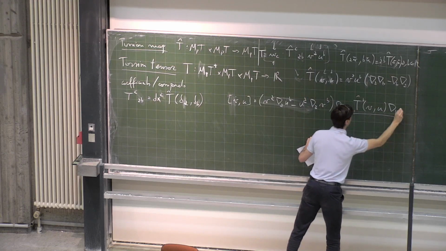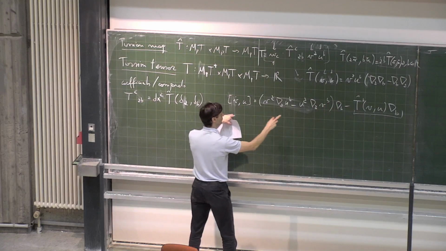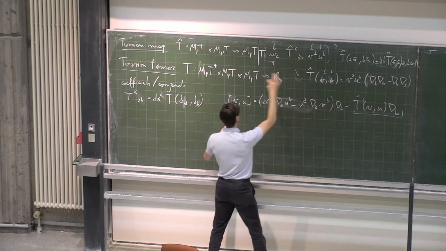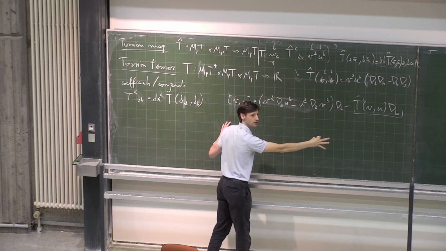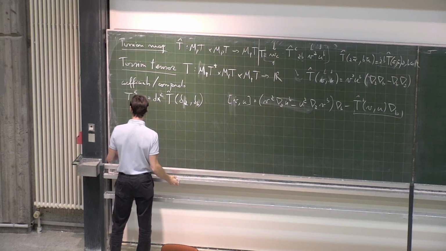Therefore, how do we define it? We just have to bring torsion on this side and the commutator on the other side, such that we have a definition for torsion.